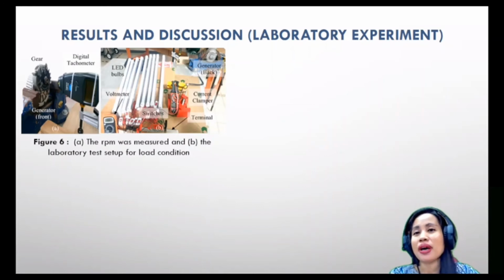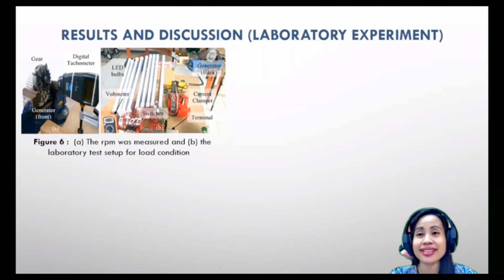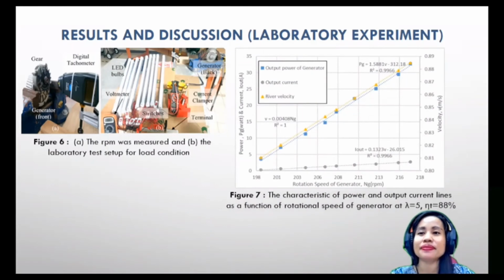For result and discussion part, figure 6 shows the laboratory setup together with a voltmeter, current clamper, and digital tachometer for load condition test. 9 measurements were recorded and presented in figure 7.